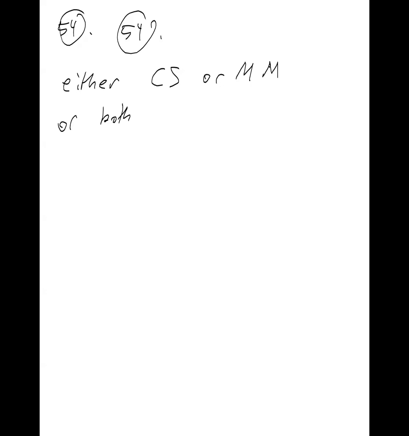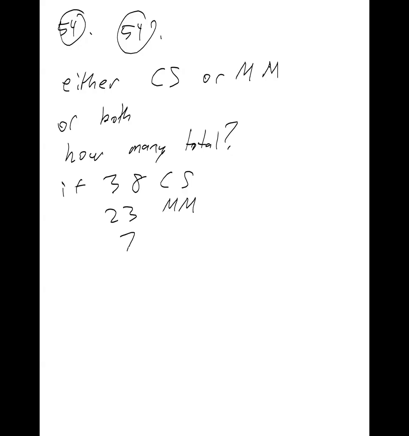So either computer science or mathematics or both. And it says how many students are in the class. So how many total students are there? How many total? If you know that there's 38 computer science majors in the class, and you know there's 23 mathematics majors in the class, and there's 7 who are both jointly majoring in math and computer science.